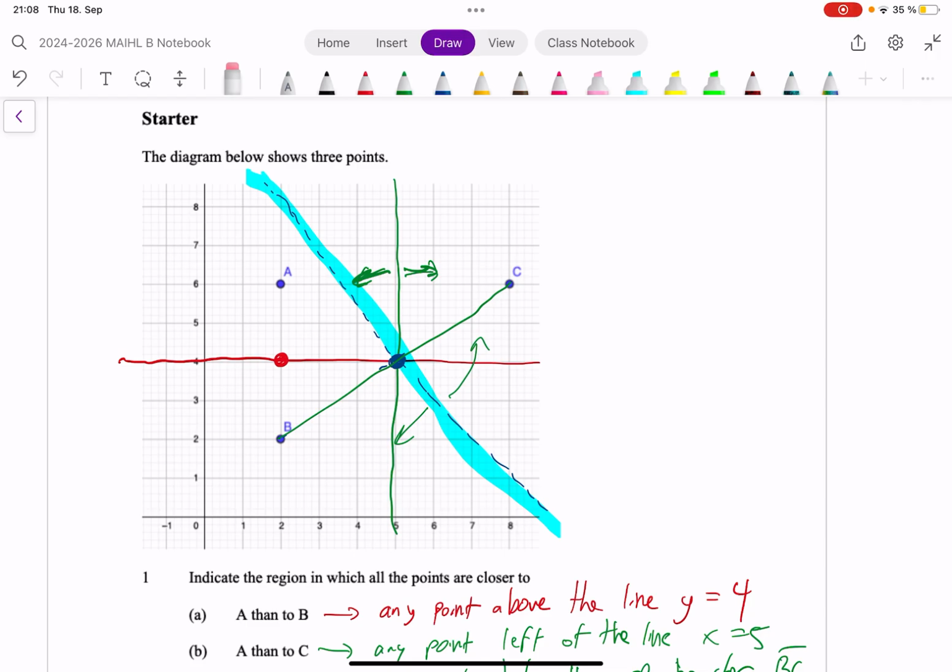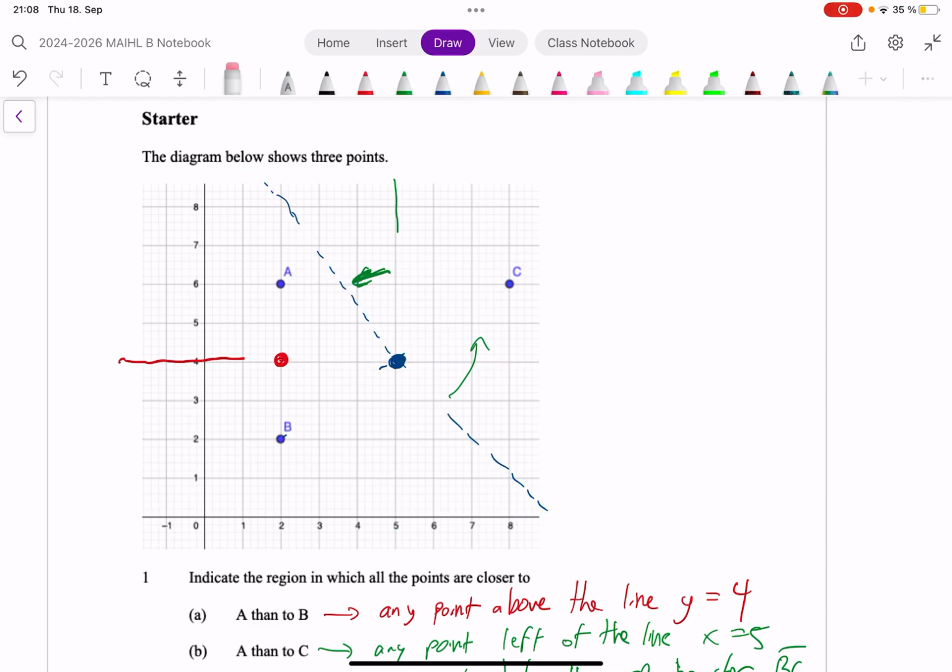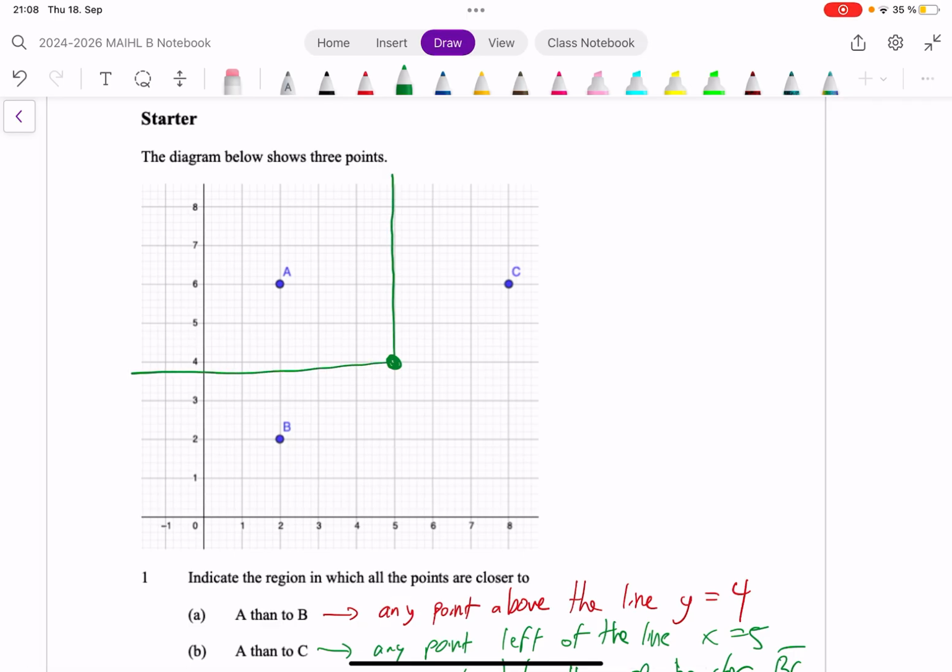We can essentially remove some of these lines, and it might be easier to just redraw it and say, we notice that they all converged at this point. Anything above there splits A and C. Anything over here, in this direction, splits A and B. And then B and C were split in this way.